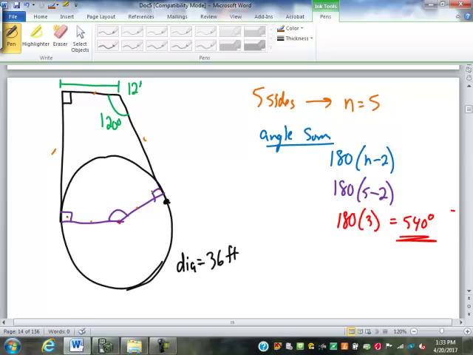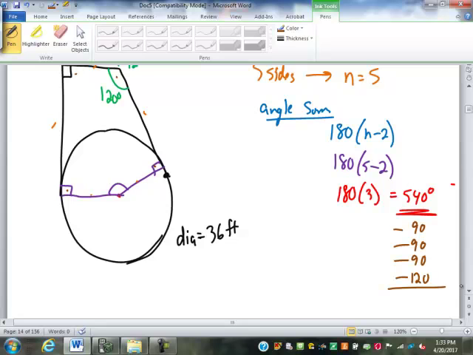So we've got 1, 2, 3 90-degree angles. We're going to subtract 90 3 times. And then we've got a 120-degree angle. So we're going to subtract 120 degrees. Which leaves us with 150 degrees here. 150.